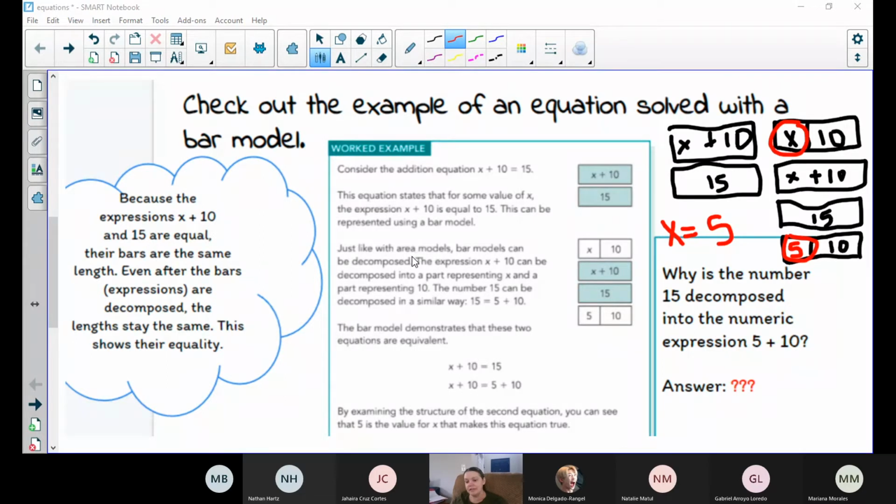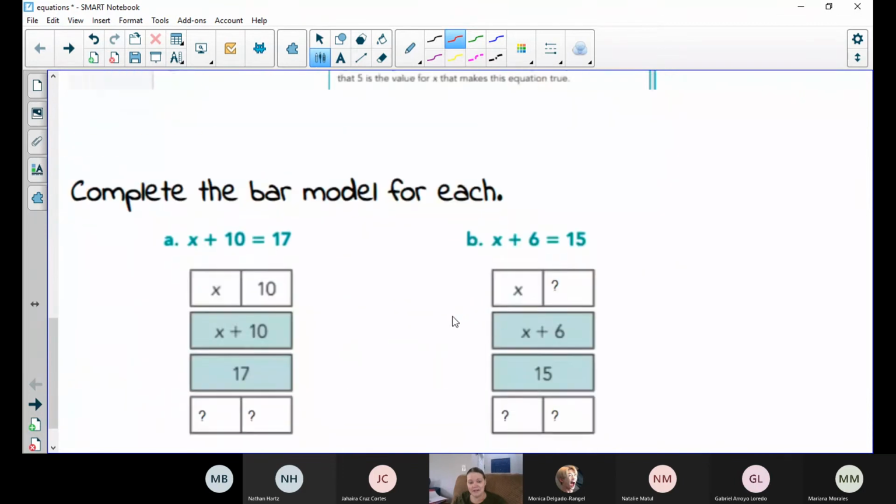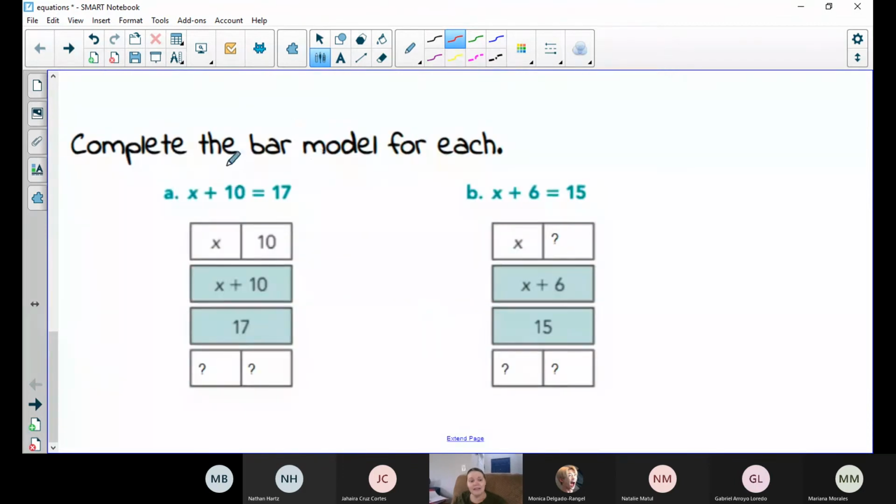So that we can find out what x is. And we knew that part of it was 10, right? So we had to figure out what plus 10 gives us 15. Okay, yes, to find the value of x. All right, let's do a couple more examples.